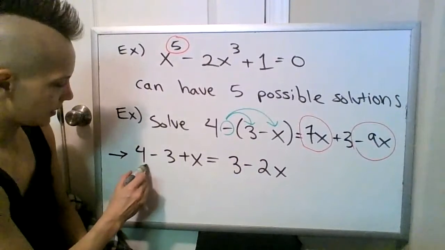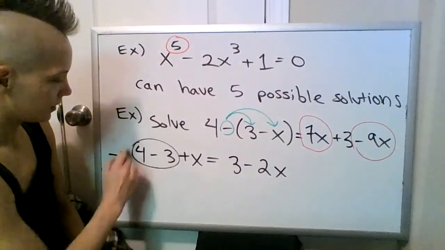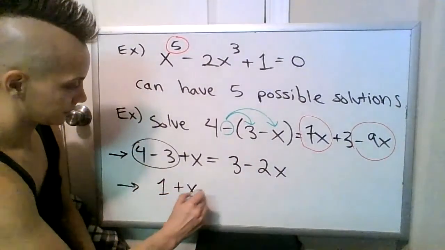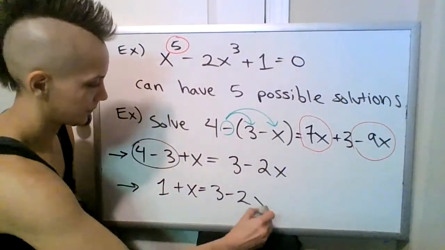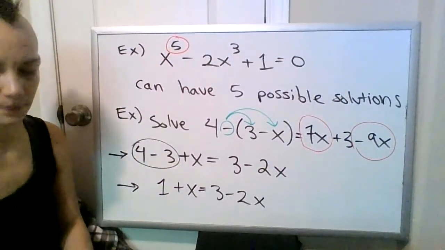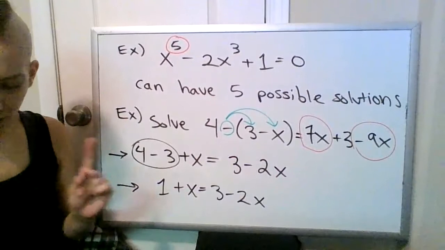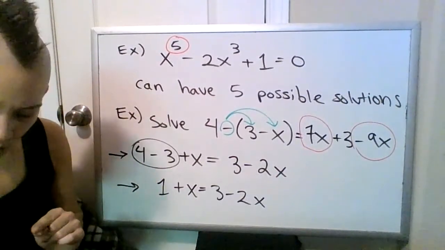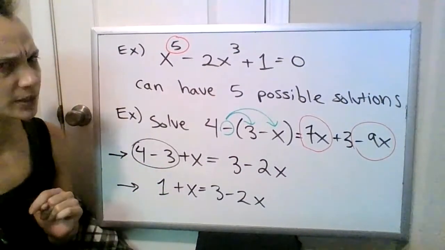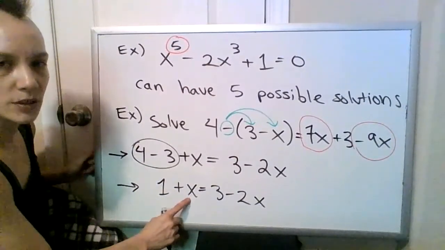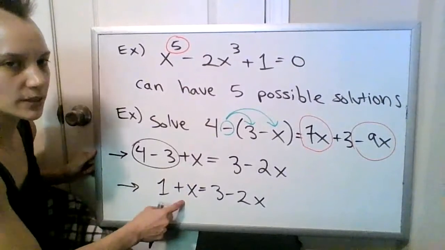Let's also take care of this part here. I see we subtracted 1 from each side. So we're starting to isolate x. You want to get the numbers together, get the x values together.